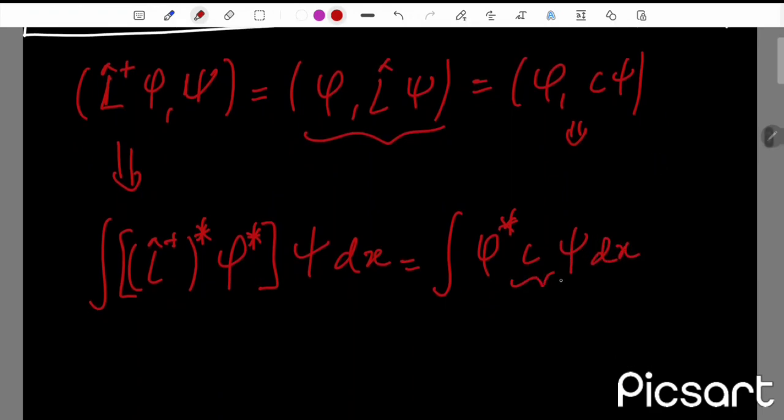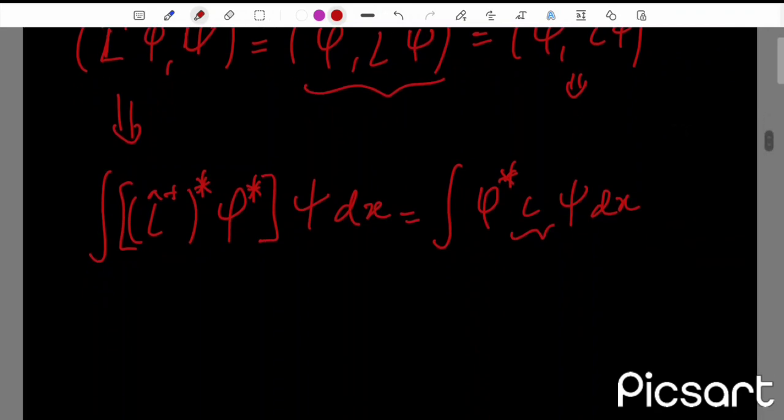And remember that c here is only a number and is constant.